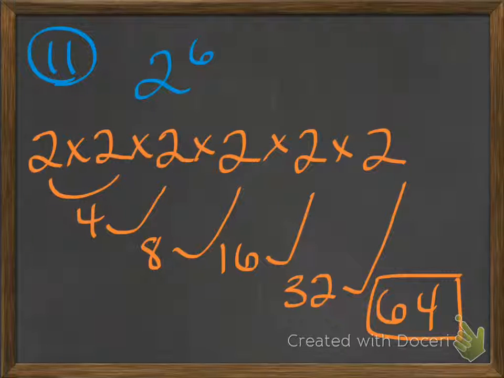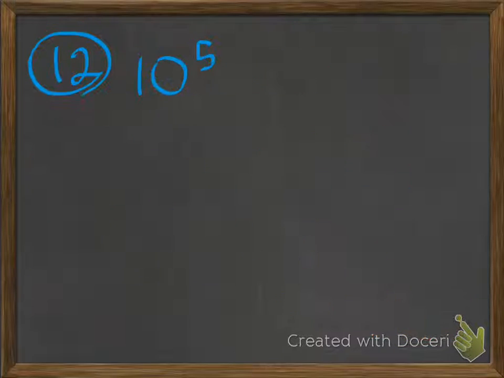Okay, so I wrote down 2 times 2 times 2 times 2 times 2 times 2, and 2 times 2 is 4, 4 times 2 is 8, 8 times 2 is 16, 16 times 2 is 32, and 32 times 2 is 64. So 64 is the standard form of 2 to the 6th power.